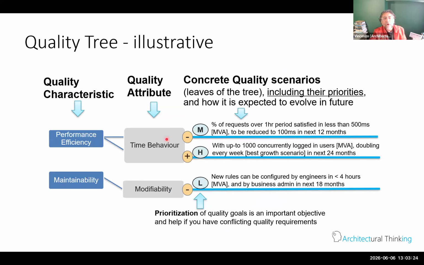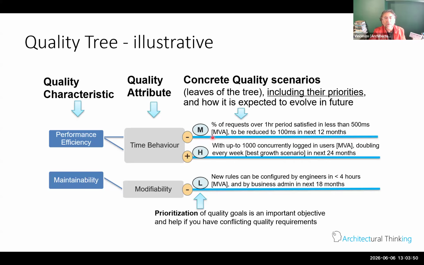We go to the level of detail where we clarify some sort of measure for that quality attribute, some sort of priority level. And when we talk about the measure, we include not only the measure for that quality attribute for the initial version.